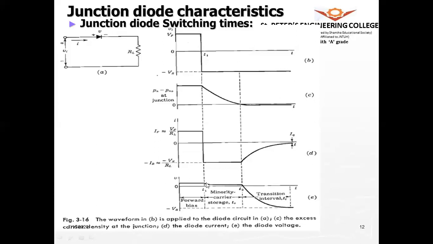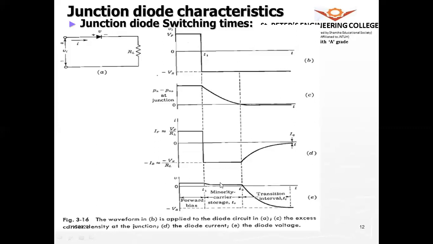Until then, the voltage is reducing slowly to zero, and then when the current slowly becomes zero, only then the voltage tends to increase and go to the reverse voltage we have applied, minus VR. So there is a transition time.